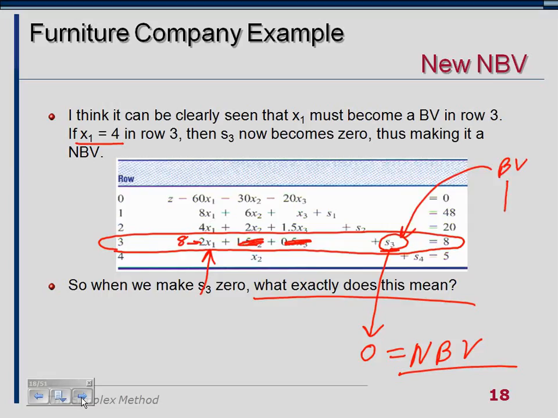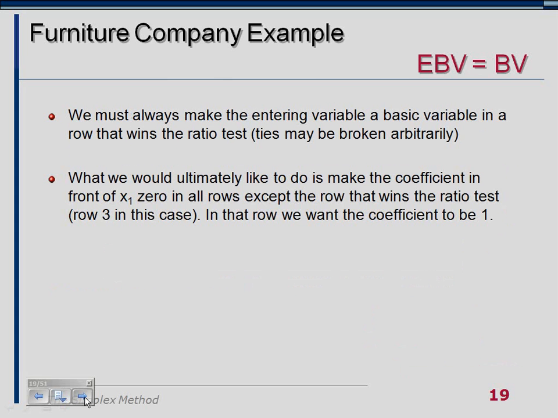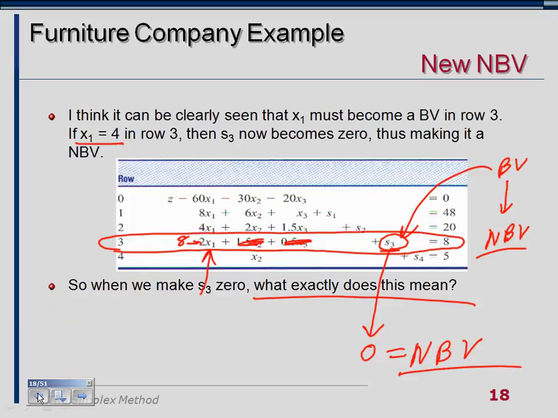So guess what we're going to call him? We're going to call him a leaving basic variable because he became a non-basic variable. So, is it somewhat intuitive that what all I did was I swapped out x1, he was 0, and I traded him out for s3, and now he became 0? They kind of swapped in a way. Is that kind of somewhat intuitive?